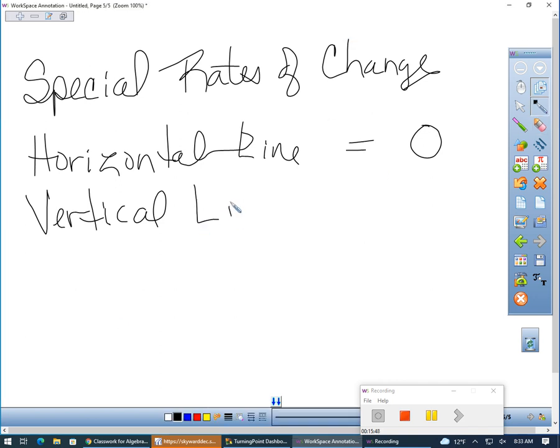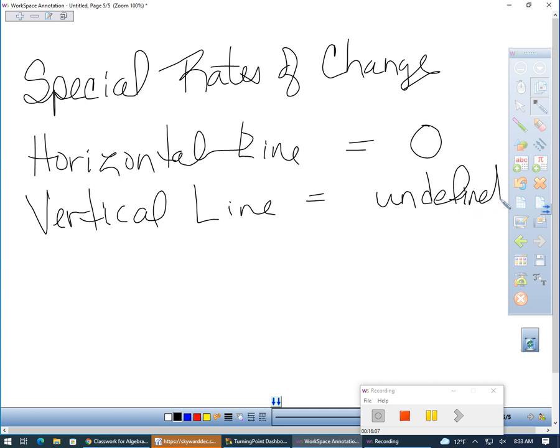All right, for a vertical line. If I had a line going up and down like this and I set a car on it, what would happen to the car? It would fall. It would crash, right? So our slope for a vertical line is undefined.